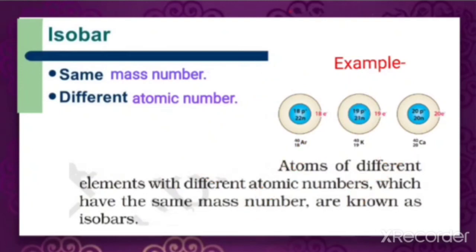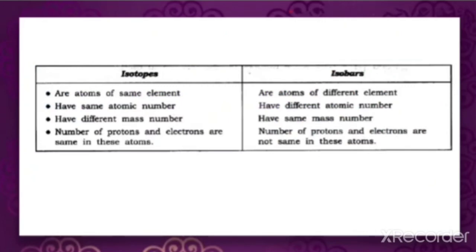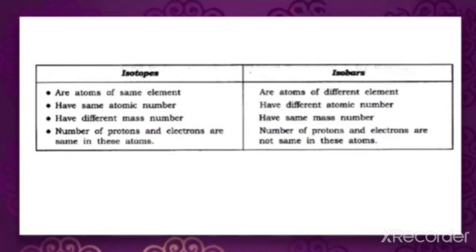When we compare isotopes and isobars, it is clear from this table that isotopes are atoms of the same element, but isobars are atoms of different elements. Since isotopes are atoms of the same element, they have the same atomic number. As isobars are atoms of different elements, they have different atomic numbers.